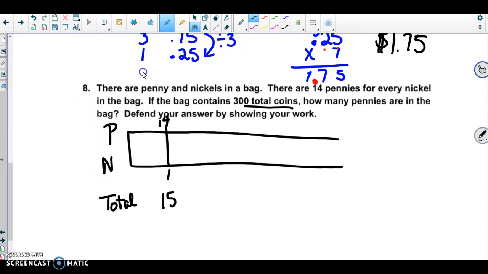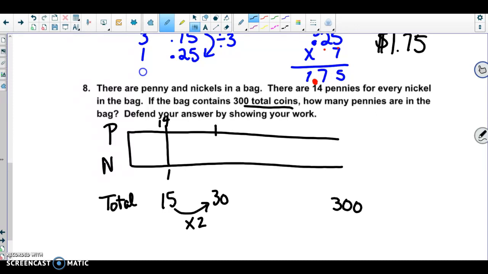So I want to look at my total down here. I'm trying to get to 300 total, and then I can change my pennies and nickels to match that. One of the things I might notice is that I could do times 2 here to get to 30.